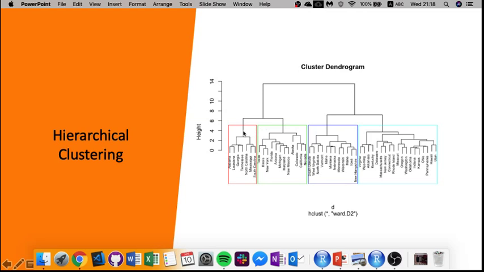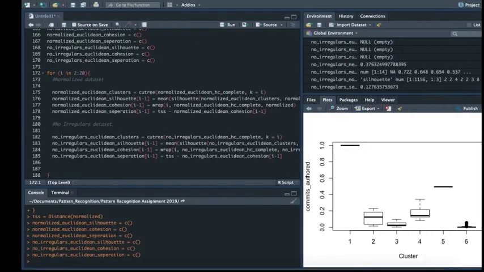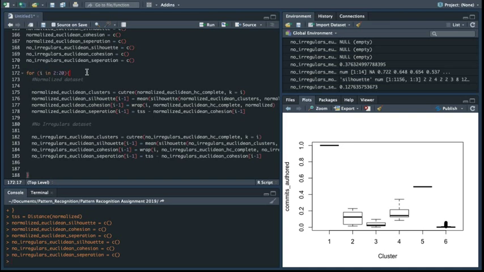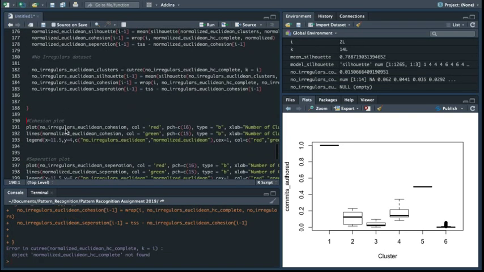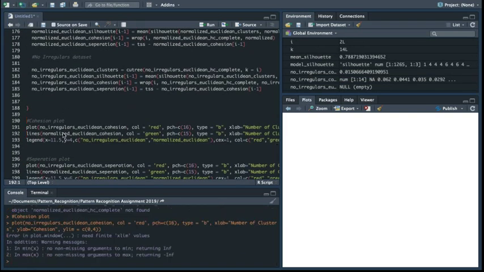As you can see here in the presentation, when you're doing hierarchical clustering, you have a dendrogram, and you have to decide how deep you're going to cut this tree and how many clusters you're going to take. So running this for loop, we are having something like this.